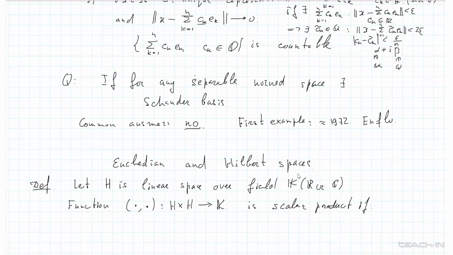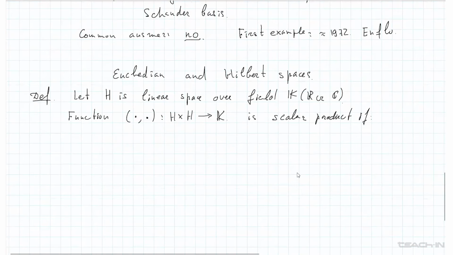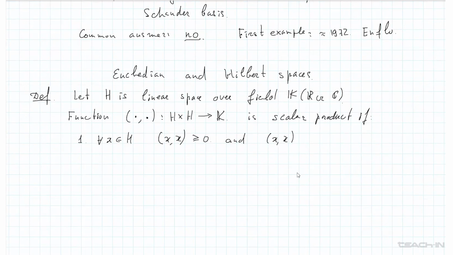if we have three properties. First, for any x from H, the scalar product of x with x is non-negative, and this scalar product can be zero if and only if x is zero. Second, it is linear in the first argument. I defined it as mathematicians do.